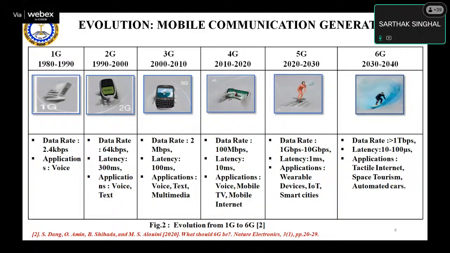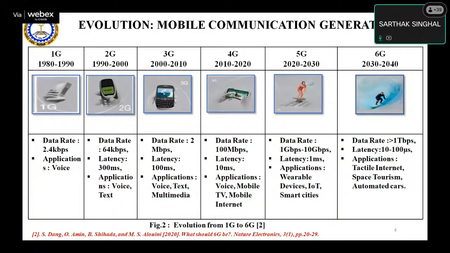Now 5G is going on, which is talking about wireless wearable devices and IoT systems or smart cities, so that human error can be reduced, latency can be reduced and data can be transferred at a higher data rate, in the range of 1 gigabit per second to 10 gigabits per second.